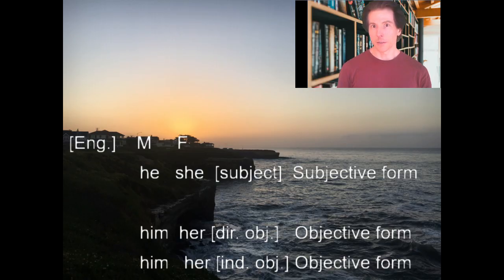On the other hand, if you've got one of these as, let's say, the direct object or the indirect object of a sentence, then you're going to use the appropriate objective form, which is going to be him or her.